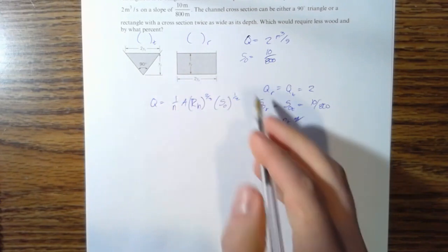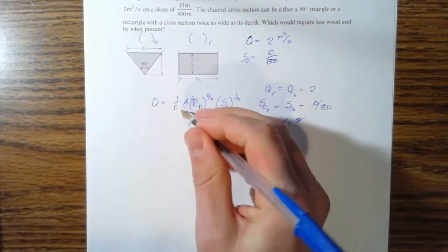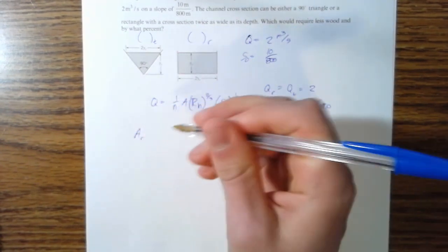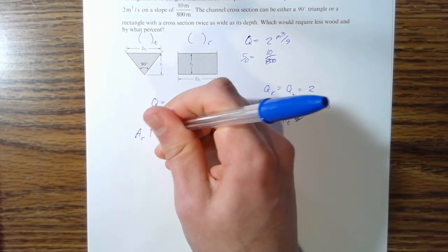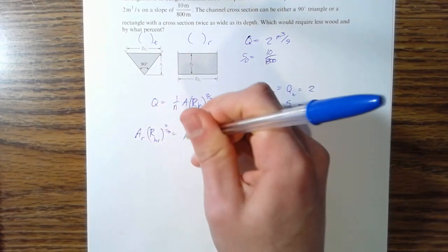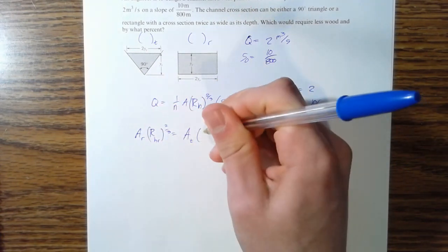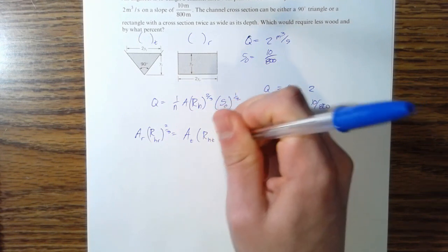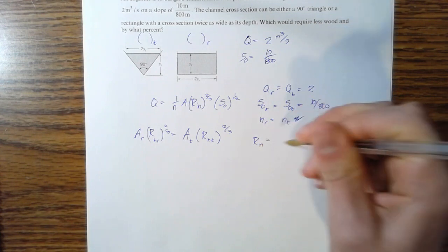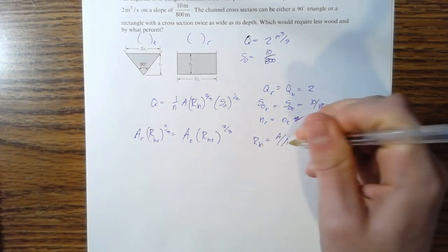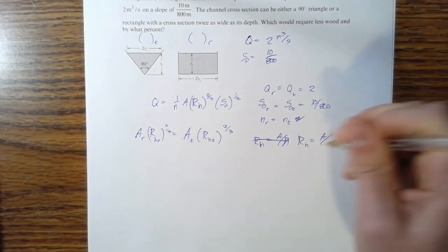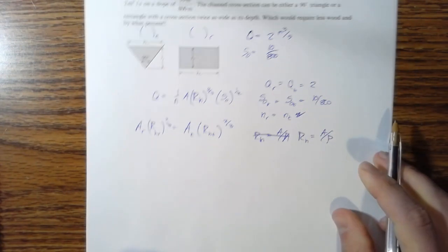If we set Q sub r equal to Q sub t, where this is n sub r, n sub t, all that jazz, we get a relationship: area of the rectangle multiplied by R sub h r to the 2/3 is proportional to area of the triangle times R sub h t to the 2/3. And remember R sub h is just the area over the wetted perimeter.